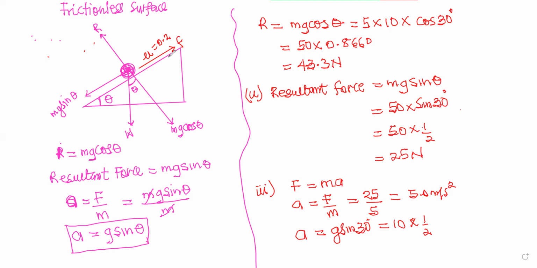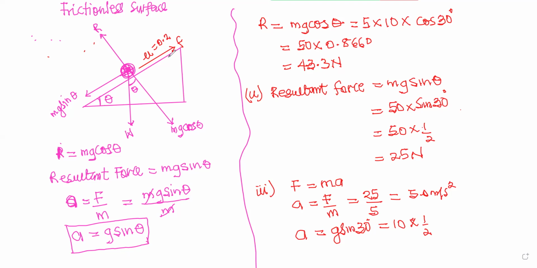So after calculating the normal reaction, the value will be the same. So we look for two, the resultant force acting on the body, and three, the acceleration of the body in this particular case. So class, we are modifying the same question. The addition is that one, we are to find the resultant force acting on the body when there is friction.